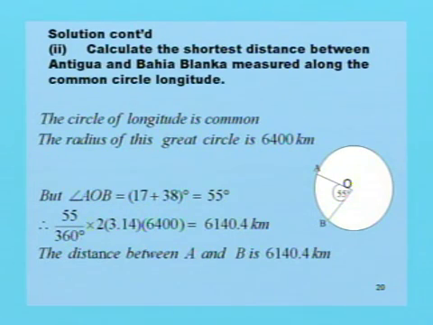But angle AOB is equal to 17 plus 38, which will give us 55 degrees. Therefore, 55 divided by 360 times the radius, which will give us 6,140.4 kilometers. So the distance between Antigua and Bahia Blanca is 6,140.4 kilometers.